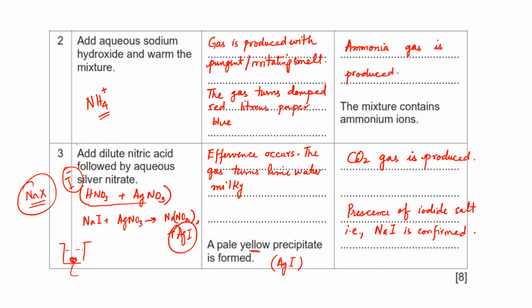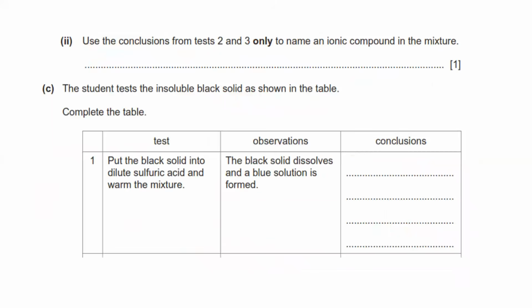So a good choice will be ammonium iodide as the ionic compound in the mixture, NH4I. Okay, so this is how the solution will look.